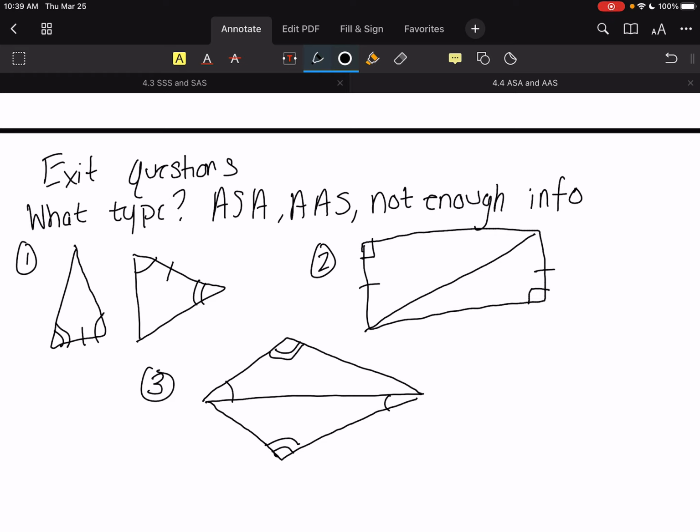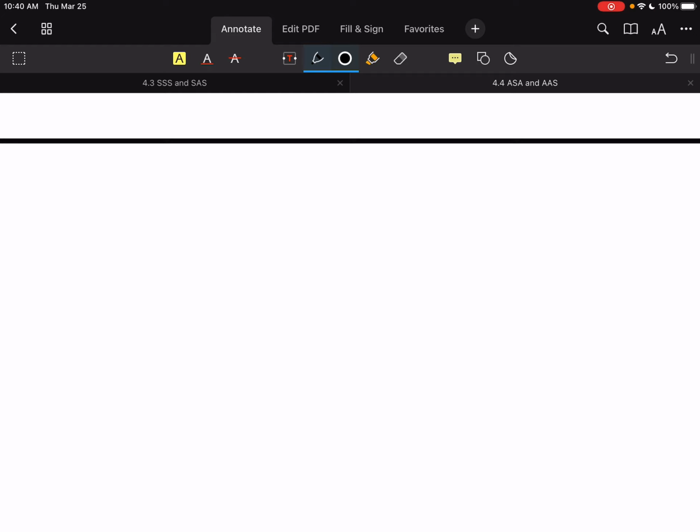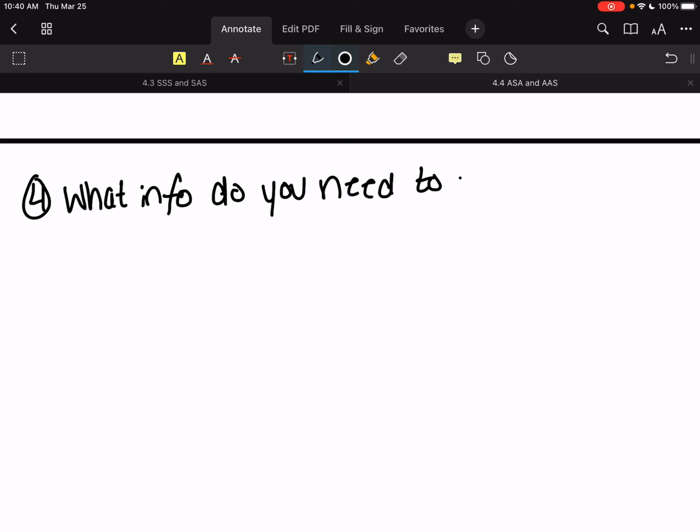So 3 questions there, and then your last 3 questions are going to be what information. So 3, this is 4. What information do you need to use angle, side, angle given this picture?